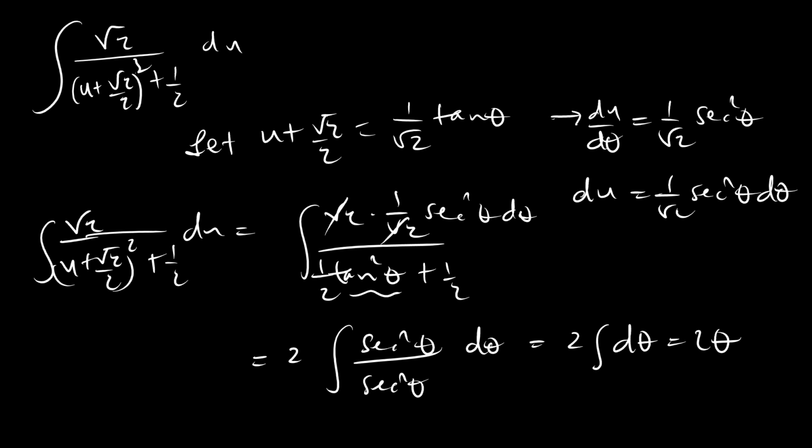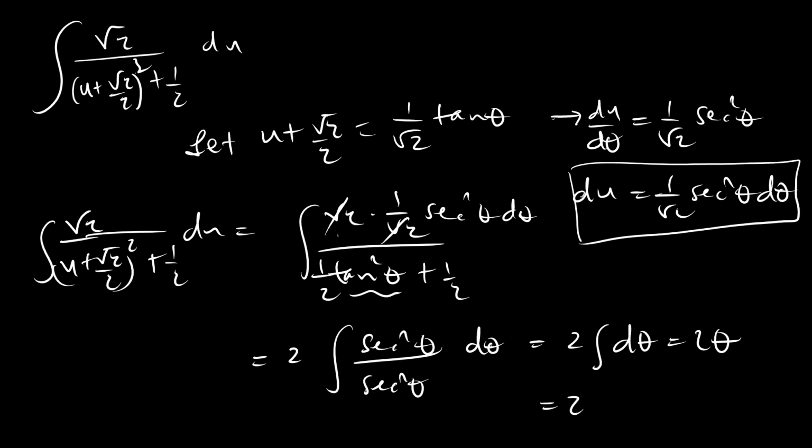So let's just make sure we have everything teed up. So we have root 2 here, and this guy here was moved in there, and we have a half tan square theta plus a half that goes up as 2.